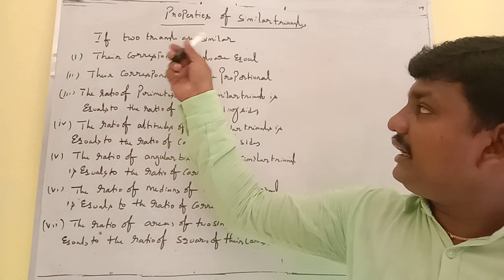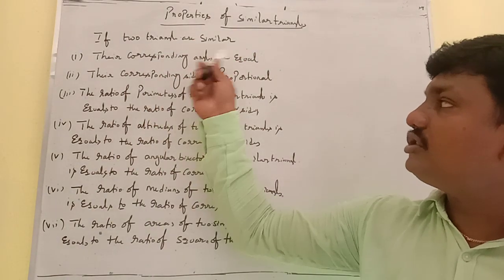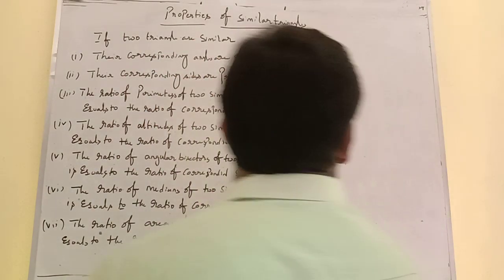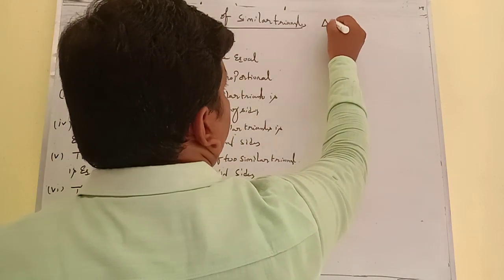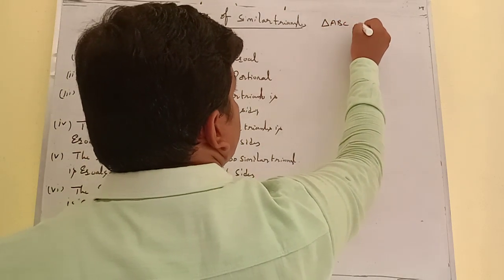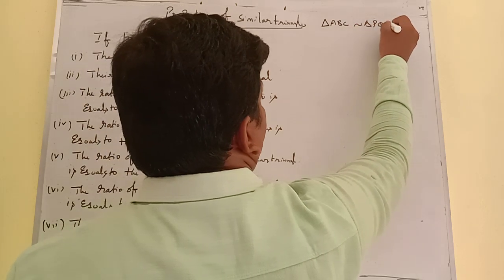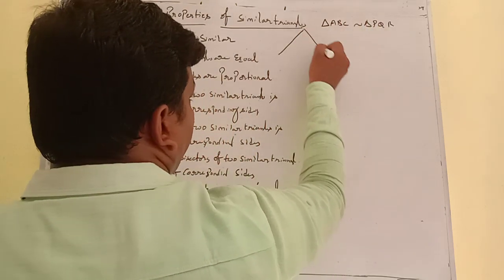First, if two triangles are similar, what is the first condition? Their corresponding angles are equal. So let me consider triangle ABC is similar to triangle PQR.